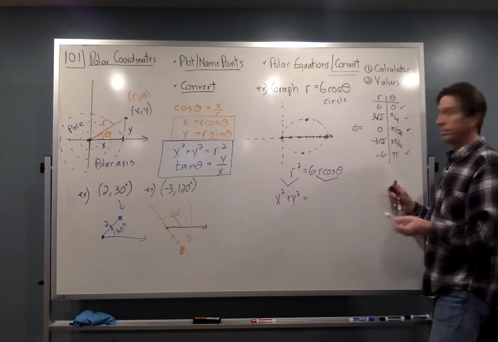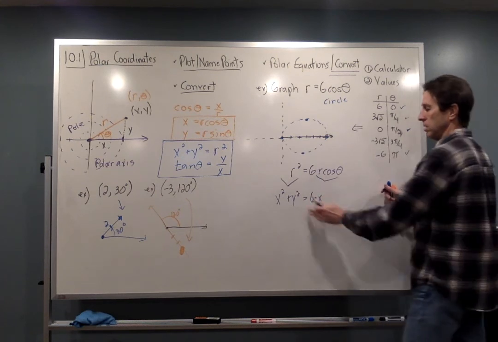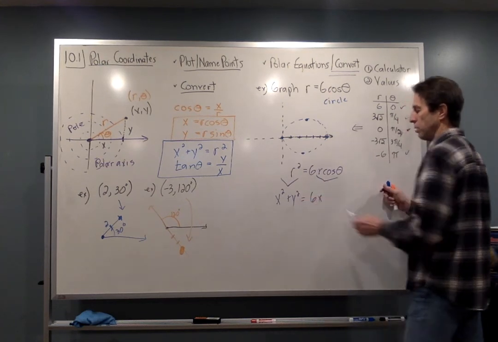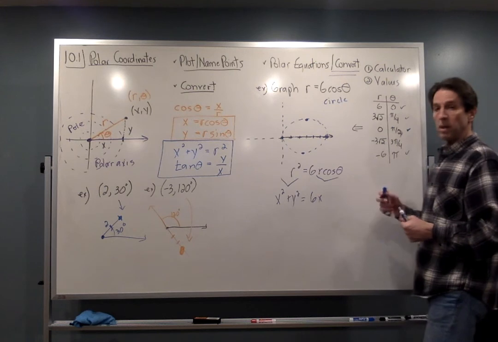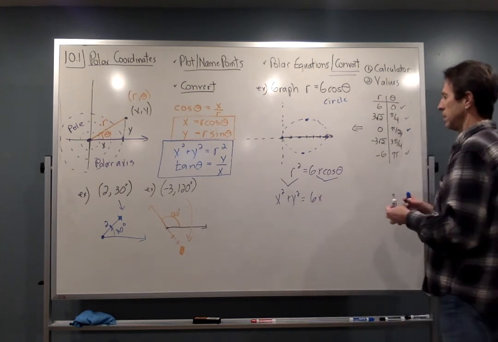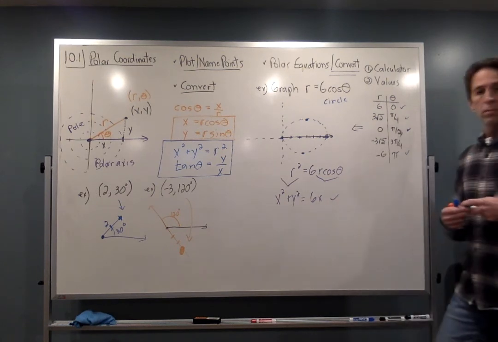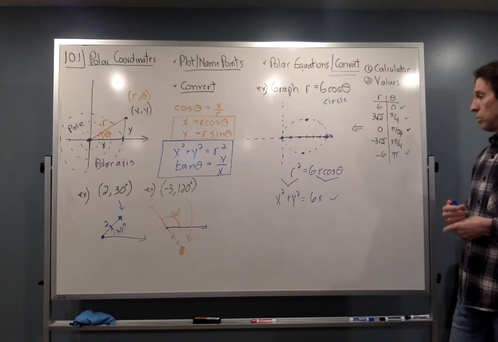What's that? That's x, 6x. So if you get x squared plus y squared equals 6x, we end up with basically a circle. So we would maybe subtract, now let's say what I want to do with that. Well, we'll just keep it like that for now, right? So we may recognize it as a circle.